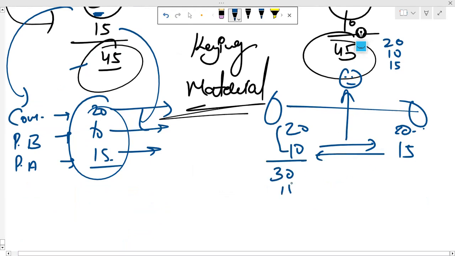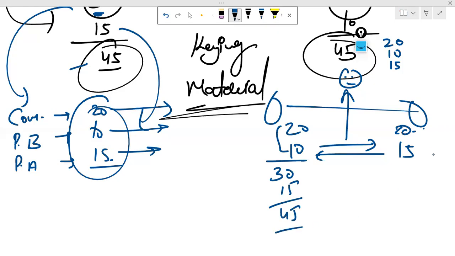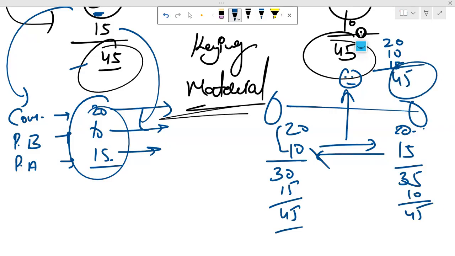This is 20 plus 15, 35, and would add 10 to give 45. So directly we cannot exchange. This is the reason we are using the mixtures and the Diffie-Hellman concept, because if they try to exchange it directly, that's not possible.